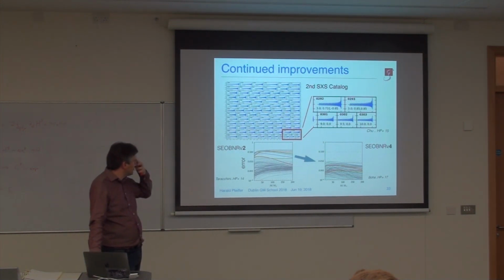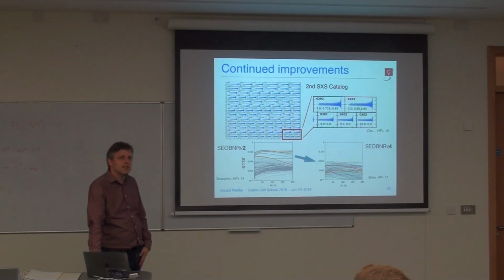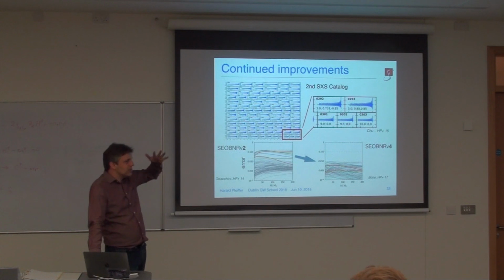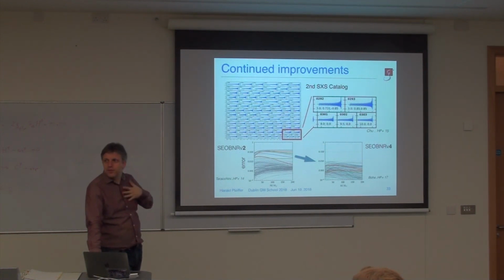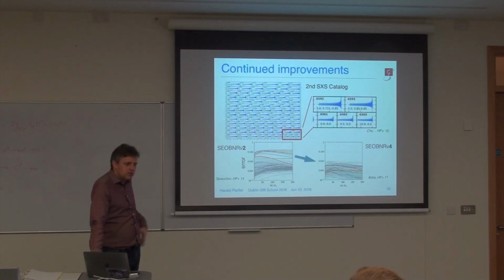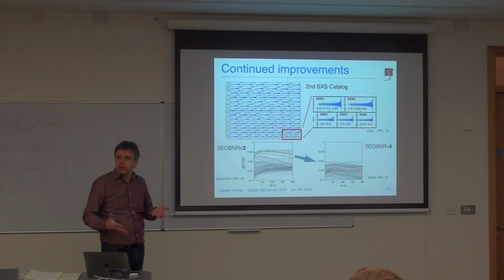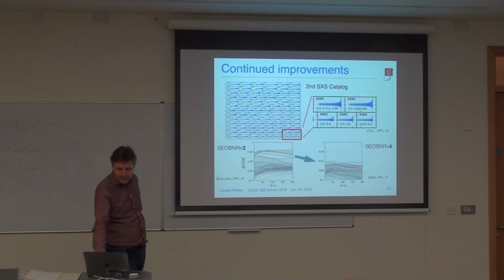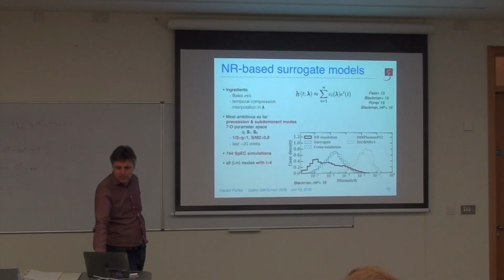And the same sequence of steps also happens for the phenom models, that there is this long list of letters, phenom A, B, C, D, then they jump to X. With each letter further down the alphabet, the models became significantly better than before. Because one had more data to work with, and because one had more experience with what precise features in the waveform models are important to improve the overlaps in between.